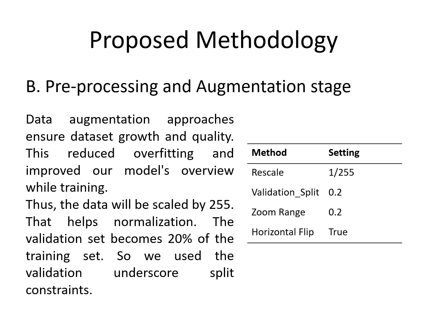We start by rescaling the data by a factor of 1/255. This helps during normalization. The training set is then separated into 20% validation set, and the validation_split parameter is used to do this.